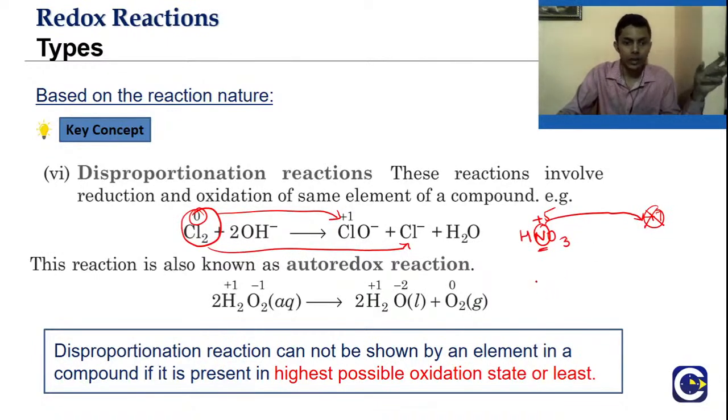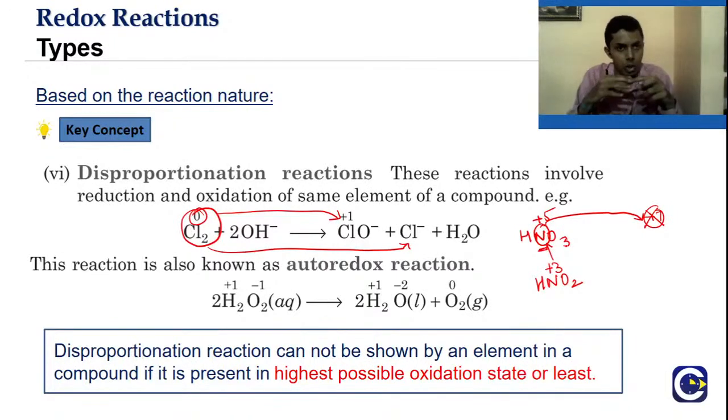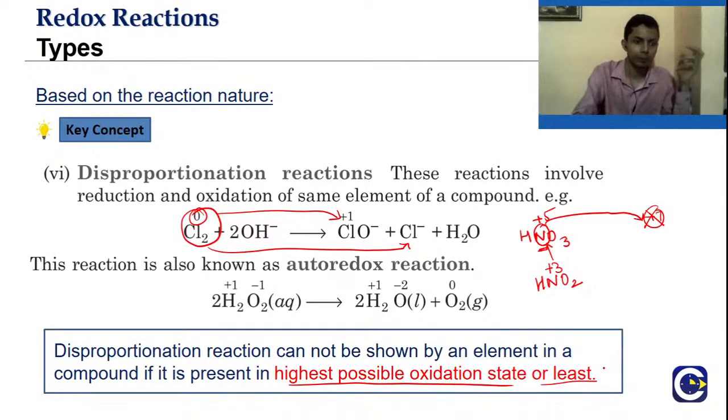Whereas in the case of HNO2, there are chances, because here it is +3. It can either undergo oxidation to +5 or it can undergo reduction to give free state N2. So it is not possible when it has the highest possible oxidation state or the least.